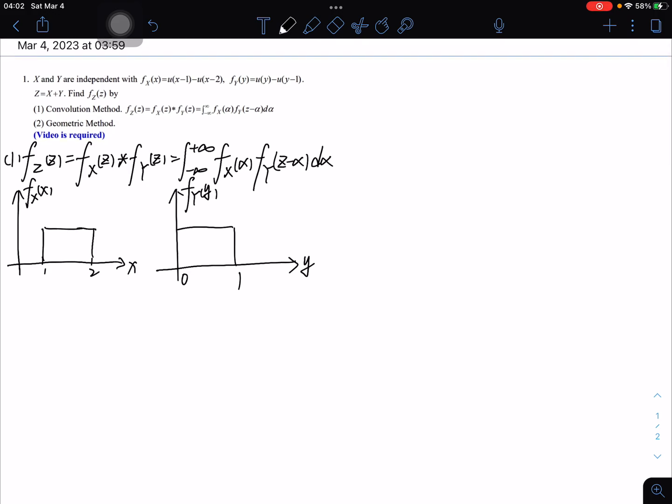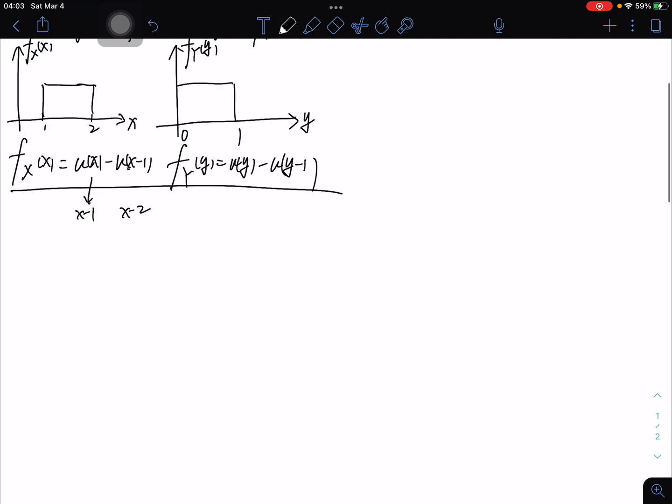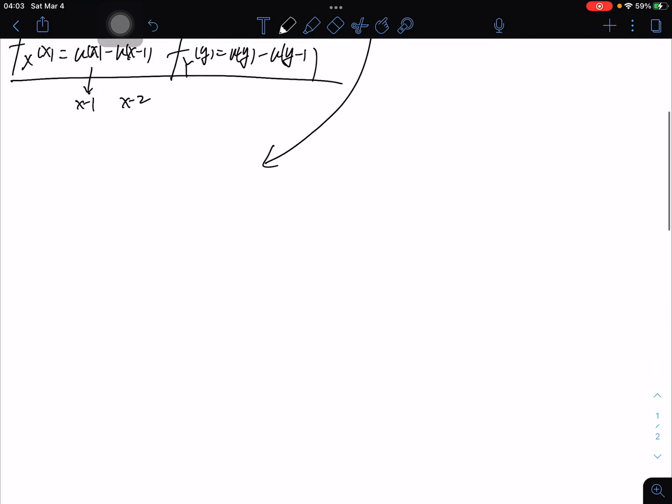Let's calculate with f_X equal to u(x) minus u(x-1) and f_Y equal to u(y) minus u(y-1) first, and since we know that it is actually x minus 1, x minus 2, we can just shift the result to the right side by 1.